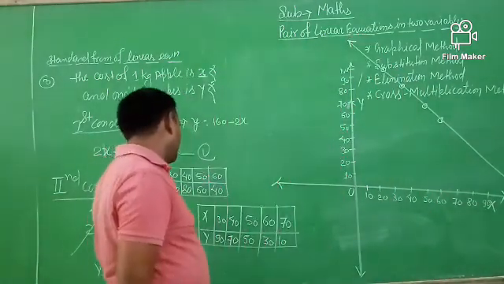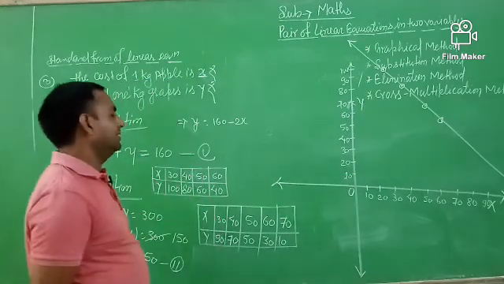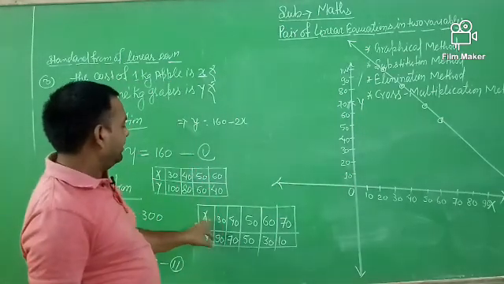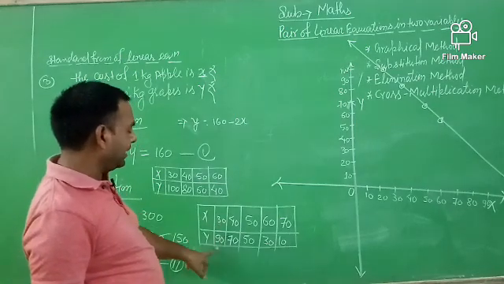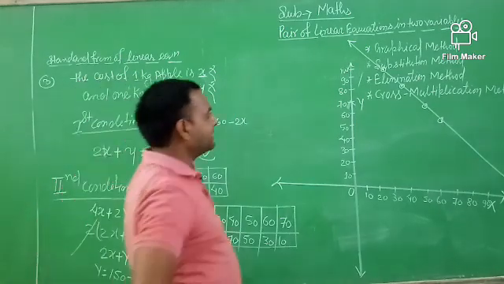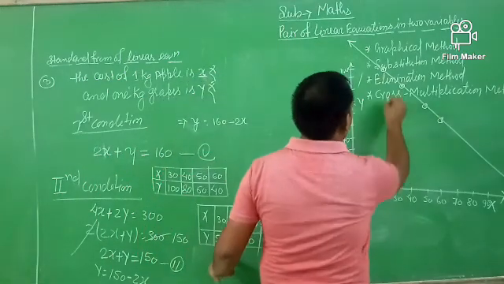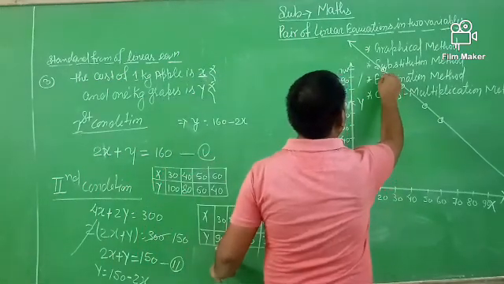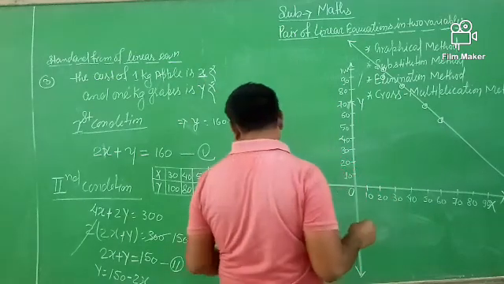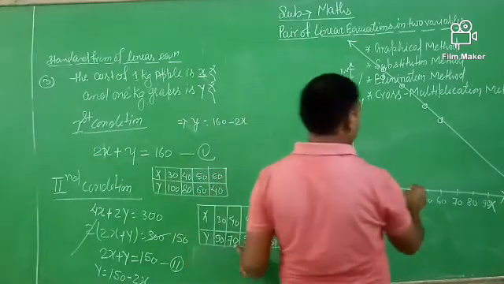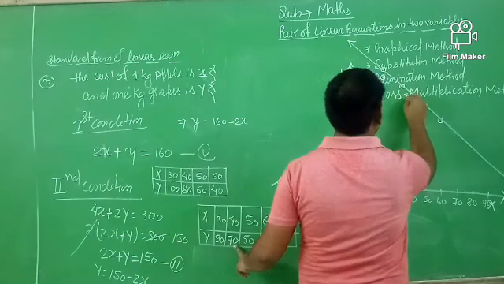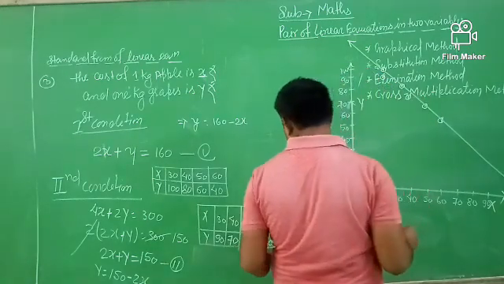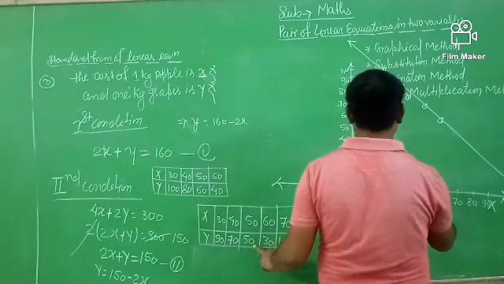After that you take the other points. Here are the values of x and y. Here x is equal to 30, then y is equal to 90. It means this point. If x is equal to 40, then y is equal to 70. X is equal to 50, then y is equal to 50.